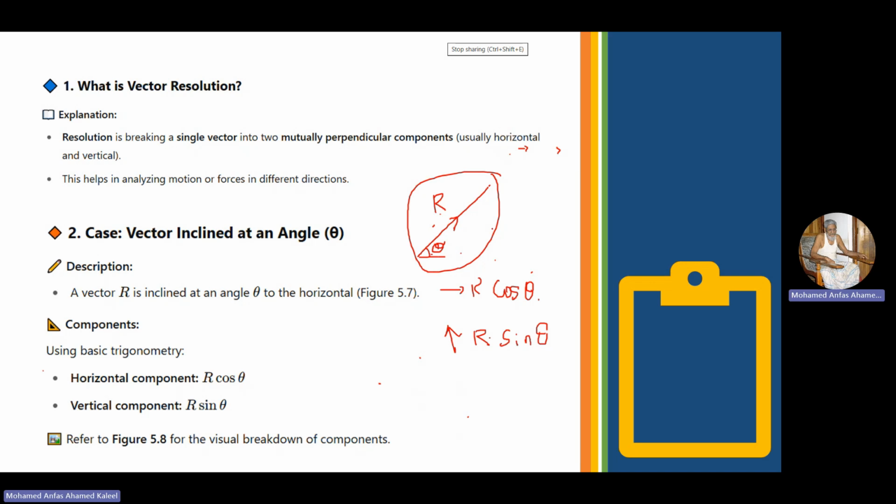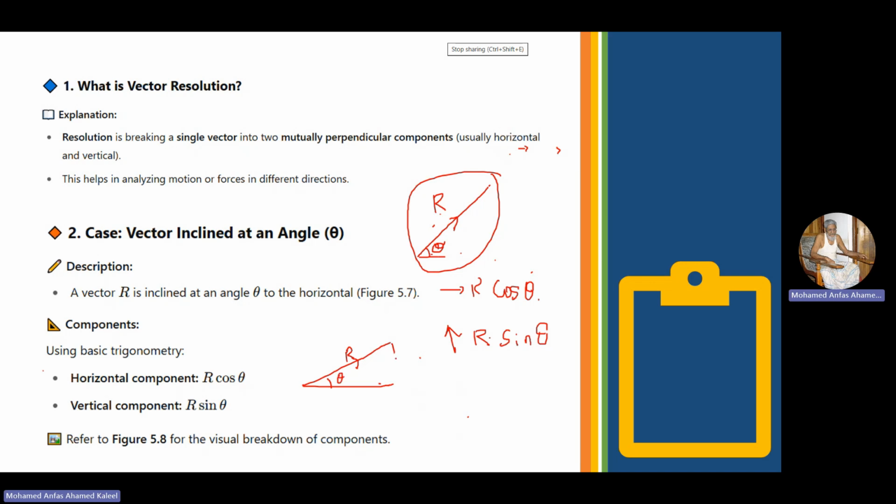I think you may have understood. So vector R is inclined at an angle theta to the horizontal. Using basic trigonometry, the horizontal component is R cos theta. The force R is acting at theta with the horizontal.